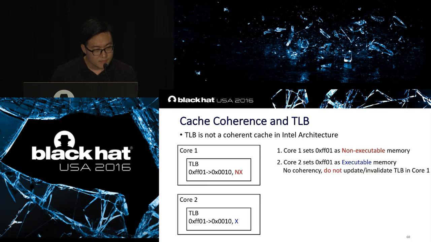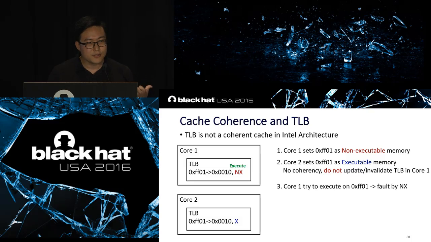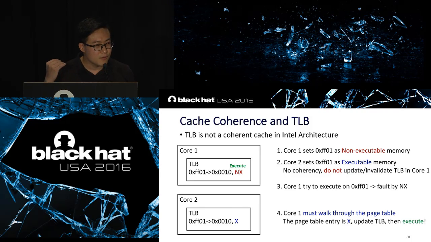And next, when core 1 tries to execute that address, the TLB says it is non-executable, but there is a possibility that core 2 has updated the page table. So in such a case, core 1 is required to walk through the page table and identify what the correct permission is, then determine the fault.